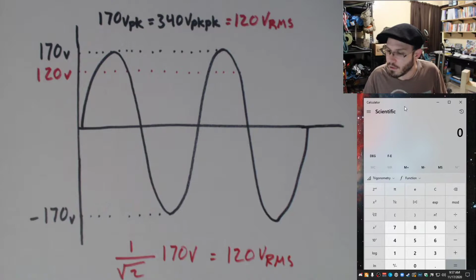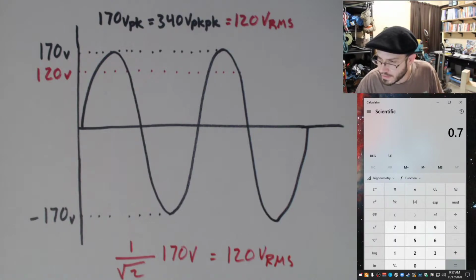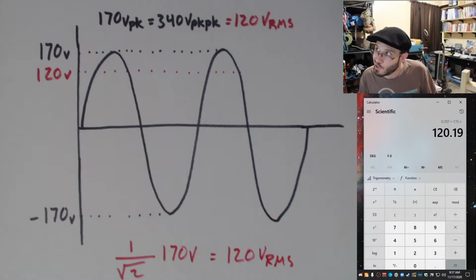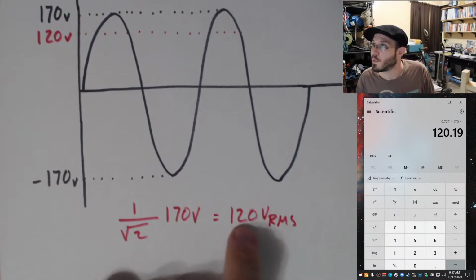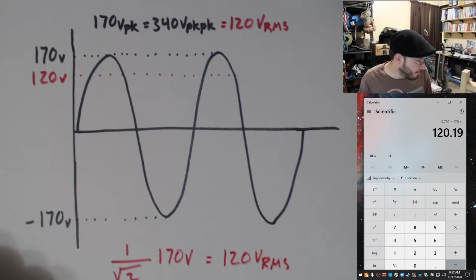So if I pull up my calculator over here and do 0.707 times 170 volts peak, I get 120.19. Okay, so that's where we get the 120 volts RMS.